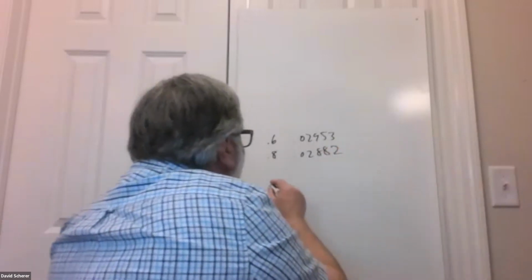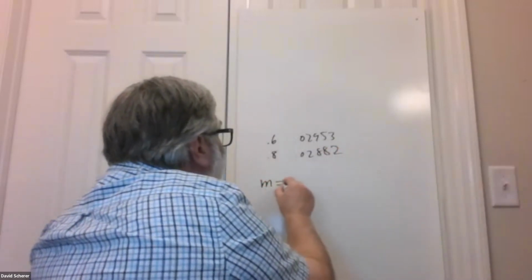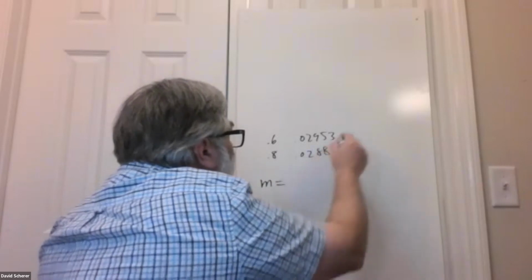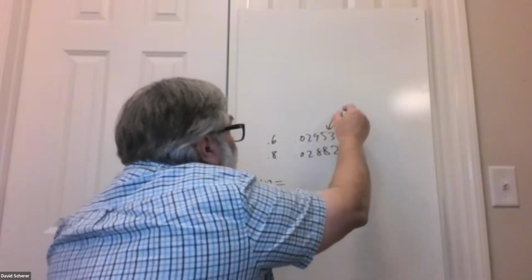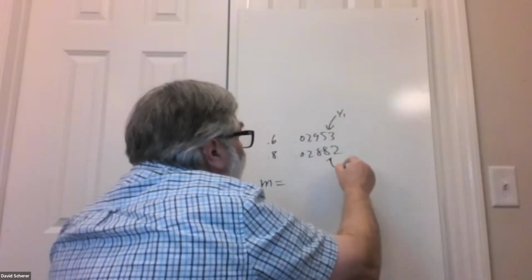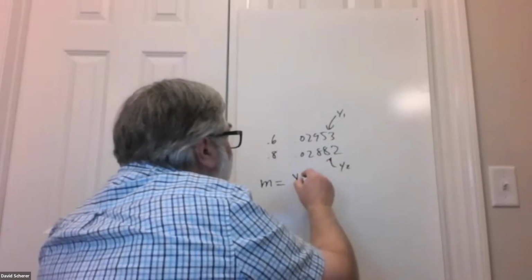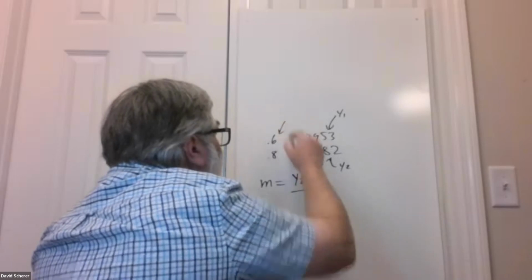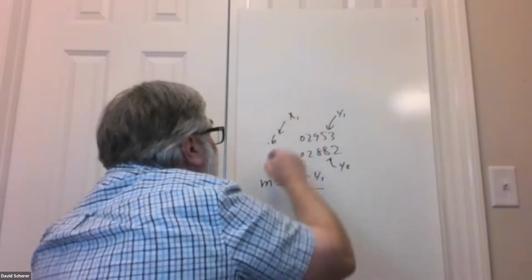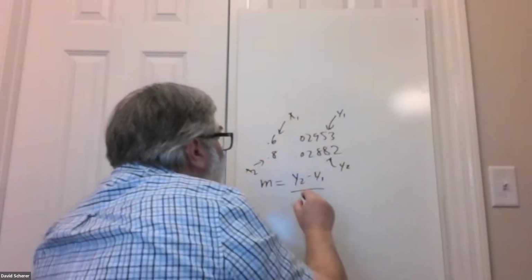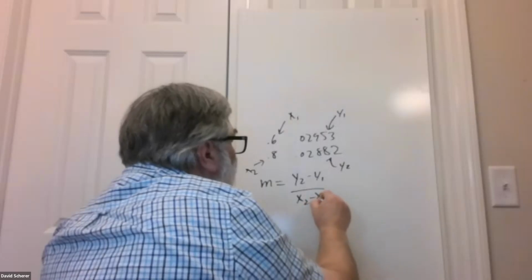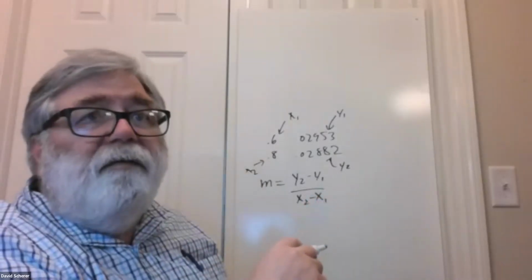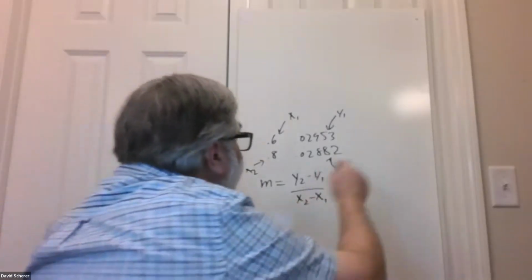Okay, so the slope is equal to y1 minus y2 over the difference in x. That's the slope between them.